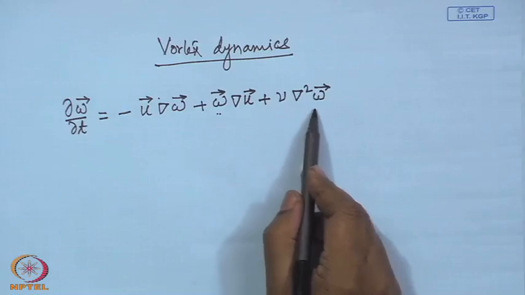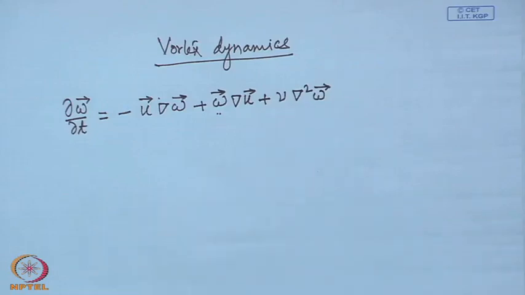And the last term is vorticity diffusion. It shows that vorticity can be spread from one part of the fluid to another simply by the action of diffusion by viscosity. That is, if there is vorticity at certain places, the viscosity can diffuse it to other parts.